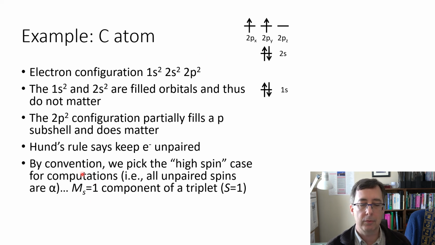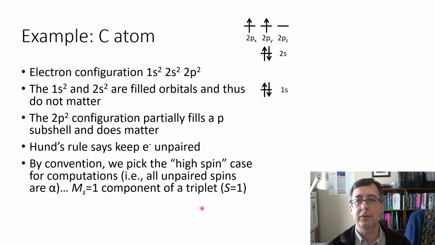So m sub s equals 1. And where could I get a thing like that from? Well, I certainly could get it from a triplet. And if you've got a simple situation like this, then that is where you expect it to come from. So we expect this is a triplet. The two little s equals a halves add to give a big S equals 1. And there we go. Okay, so we'll pick that for carbon atom.